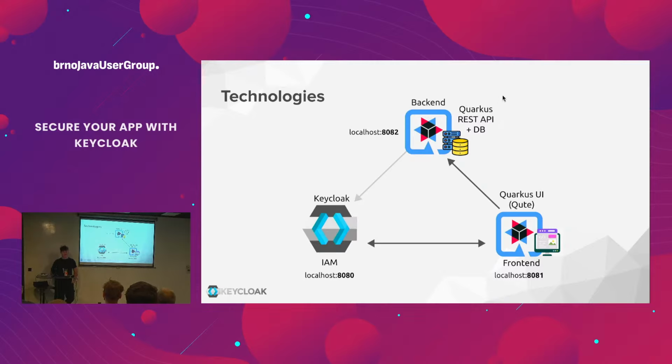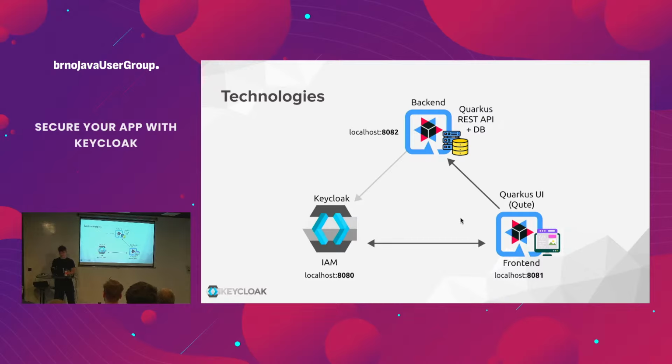For the backend, there's going to be the Quarkus application with the REST API plus database. So the data will be stored there, and the data are not anywhere else, even on the front-end side, right? For the front-end application, it's usually a single-page application or some client application with TypeScript and stuff like that.